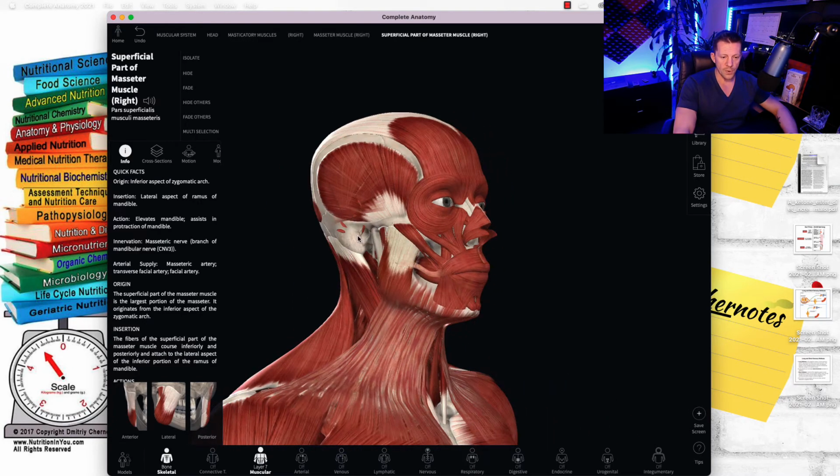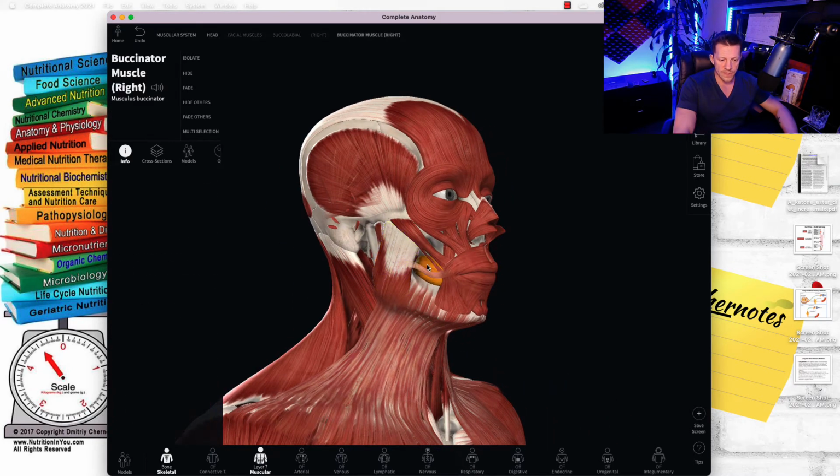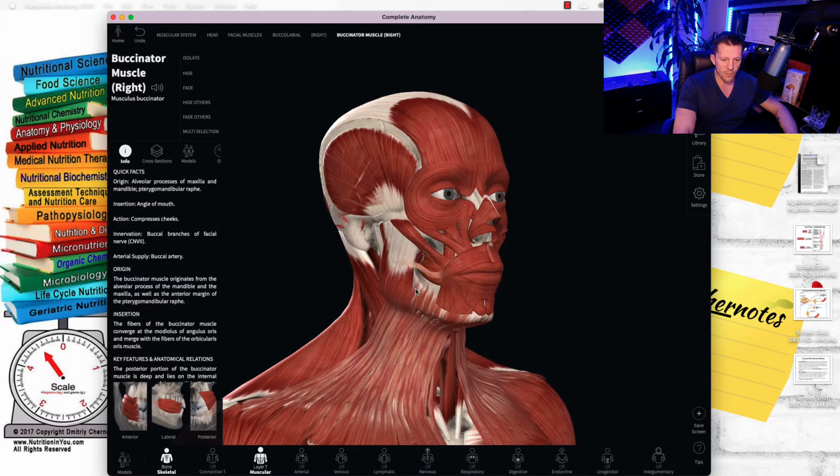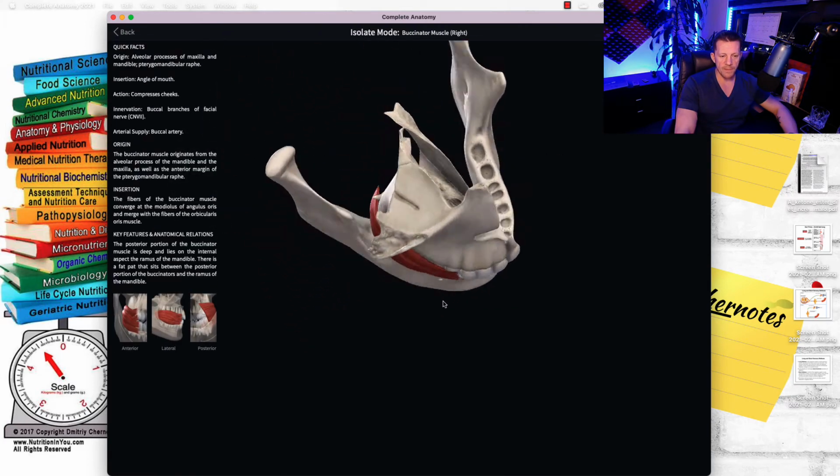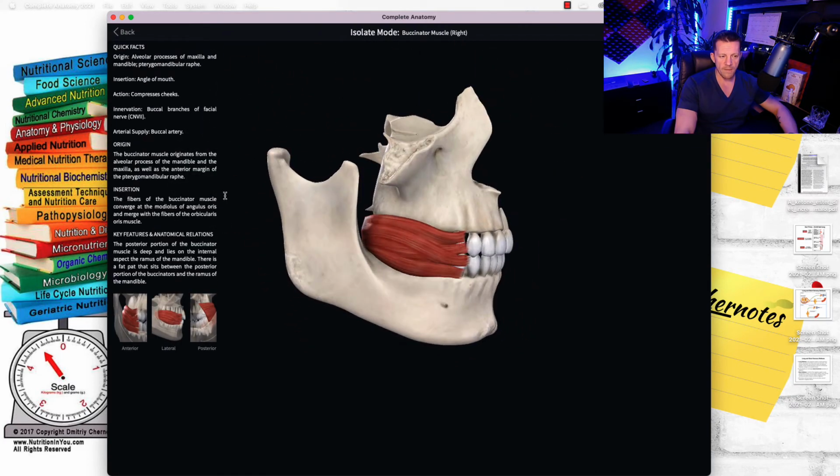So another important muscle, if we go deep down below, is the Buccinator. The Buccinator is responsible for sucking motion, or like whistling. If I isolate it, you see that muscle is right there.